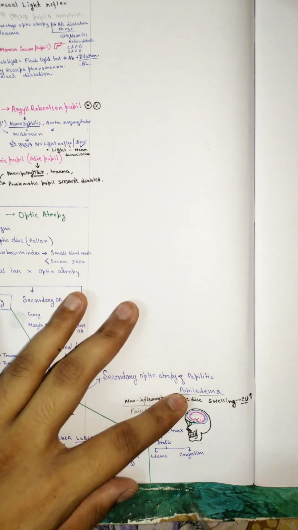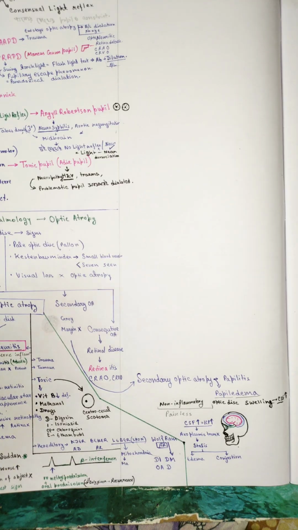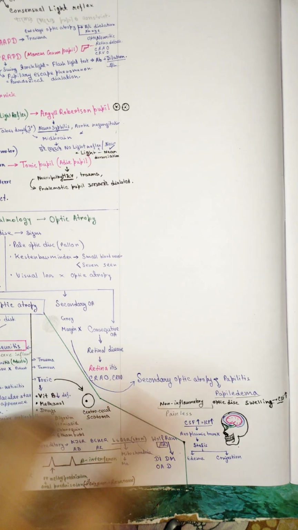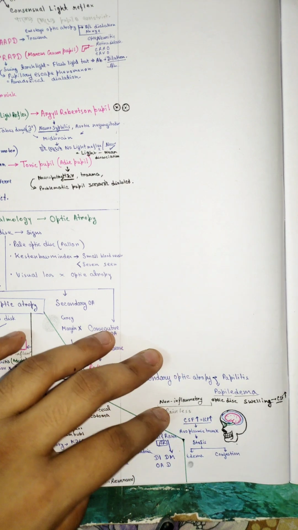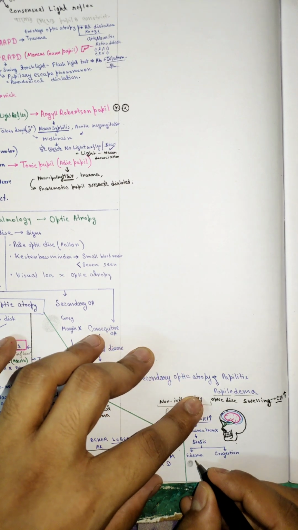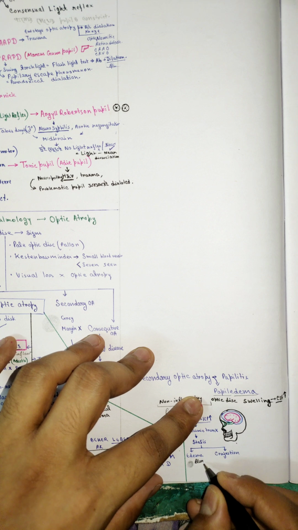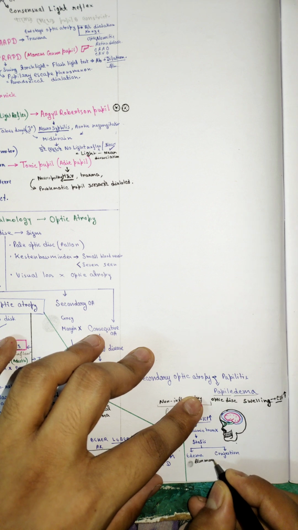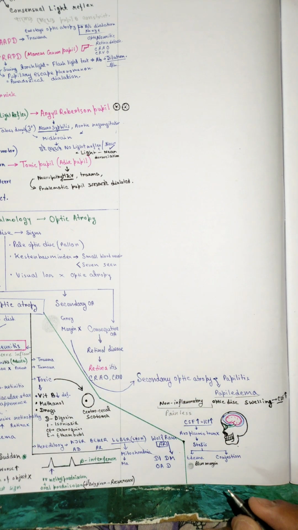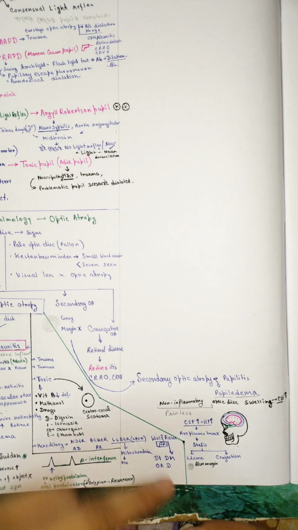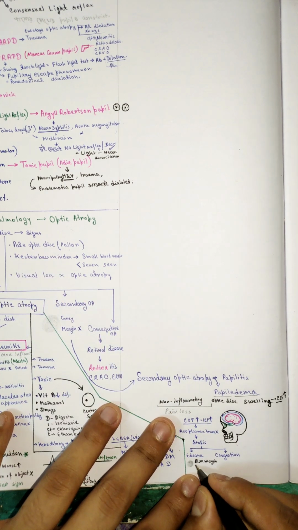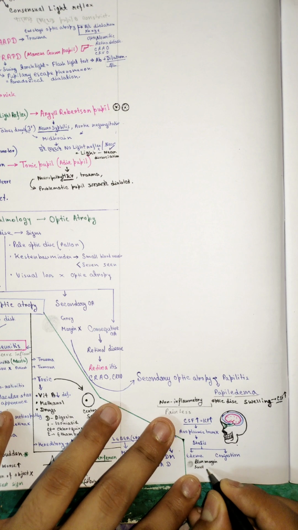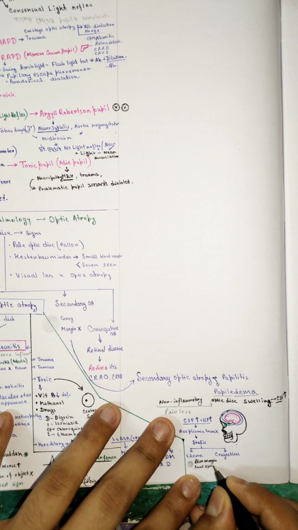We have already seen what edema does. It will do blurring of margins. That means ultimately this picture as well. So edema will cause blurred margin. Obviously edema will make the optic disc swell up, and elevation of the optic disc will be seen.